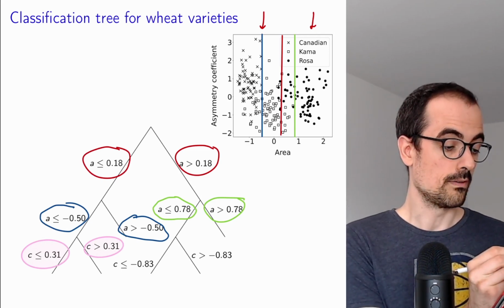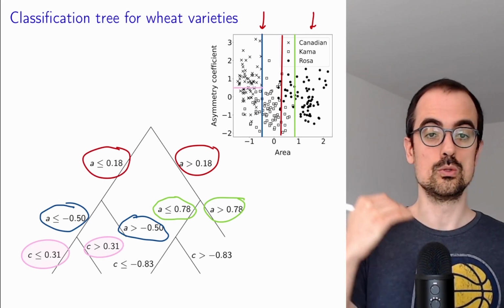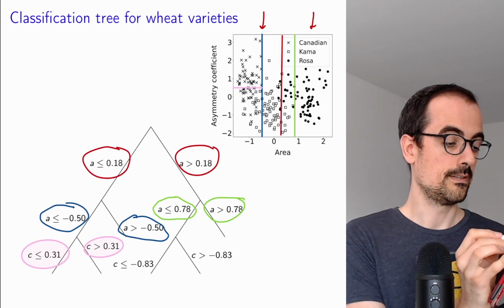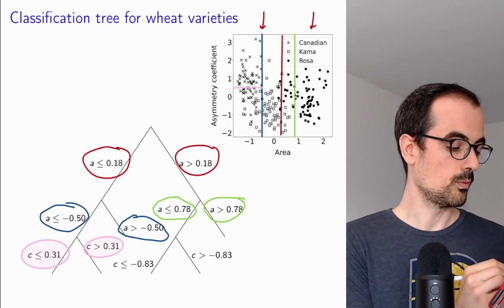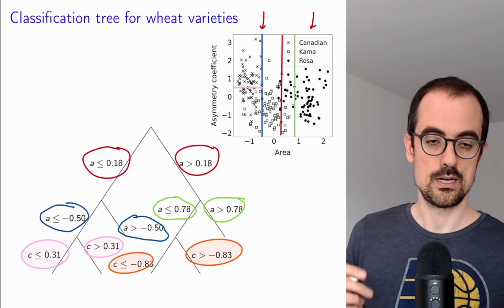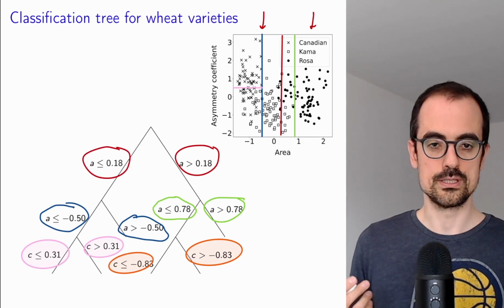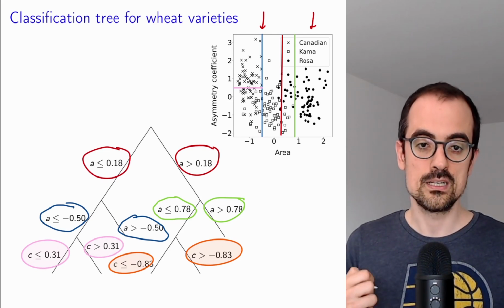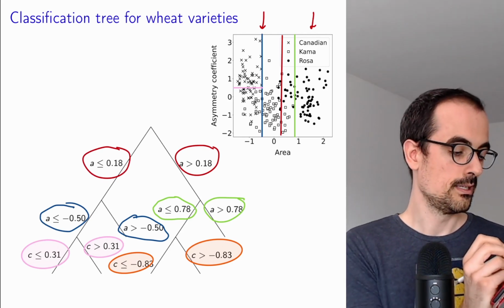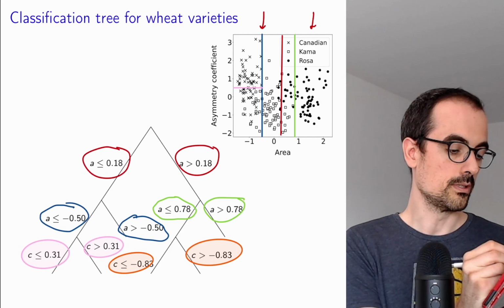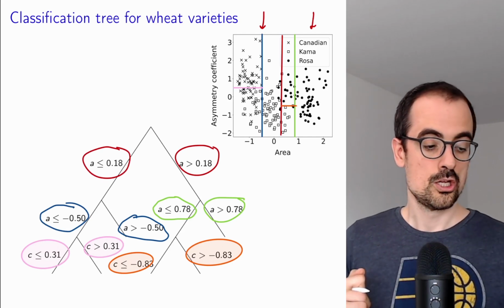So roughly around here, that's where we're going to cut up that particular region. And finally, here we have a threshold where the coefficient is smaller or greater than minus 0.83, but this is only active in the region where A is between 0.18 and 0.78, so roughly here, and the threshold is around here, okay?